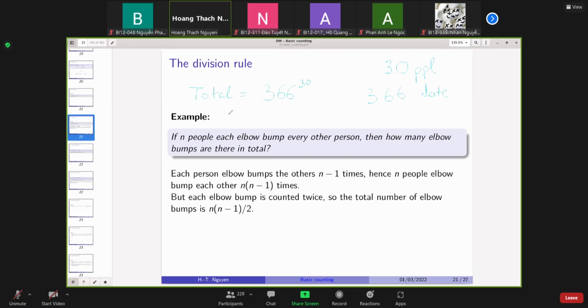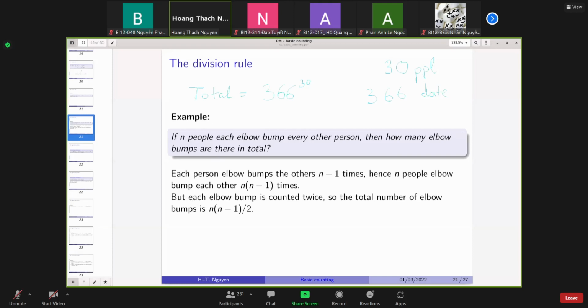So now we would like to calculate the number of possibilities in which at least two of them have the same birthday. And as you have seen in a previous example involving the subtraction rule, it may be simpler to calculate the number of possibilities in which no two of them share the same birthday, and then we take the complementary of that.